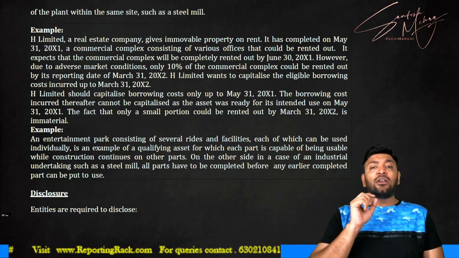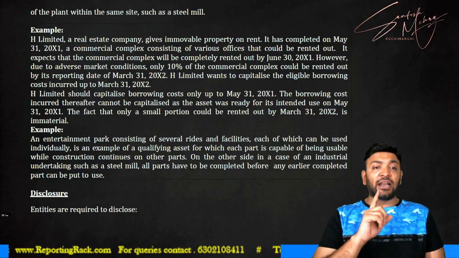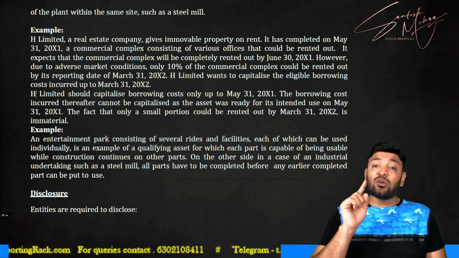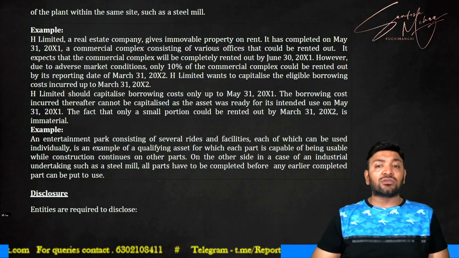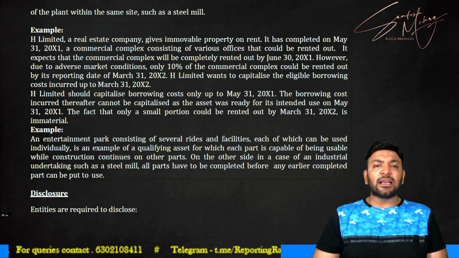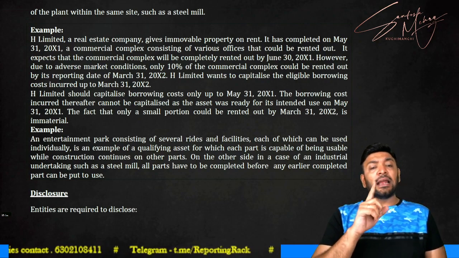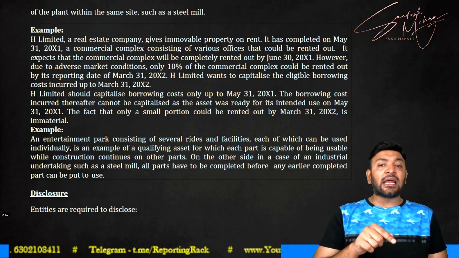However, due to adverse market situations, only 10% of the commercial complex could be rented out by the reporting date of 31st March. H Limited wants to capitalize the eligible cost up to 31st March 2022. Is it possible, guys? Only 10% could be rented out by the end of 31st March 2022.